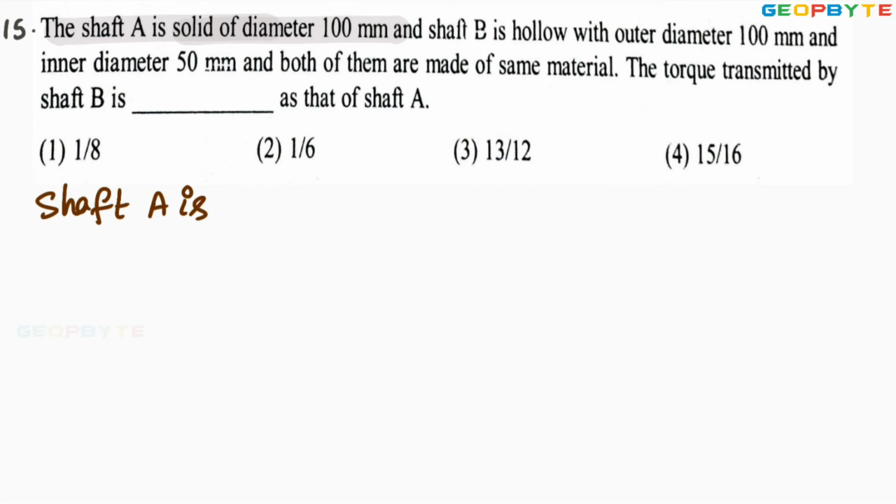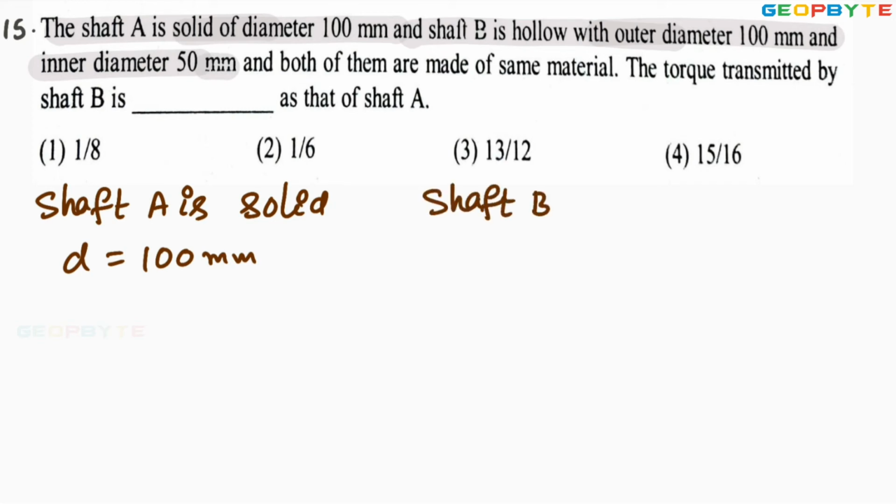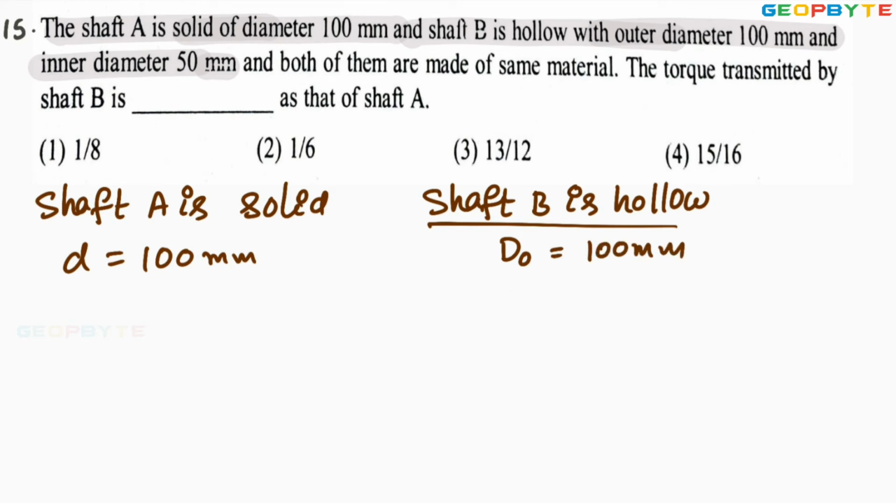And the shaft B is hollow, with outer diameter 100 mm and inner diameter di equal to 50 mm.